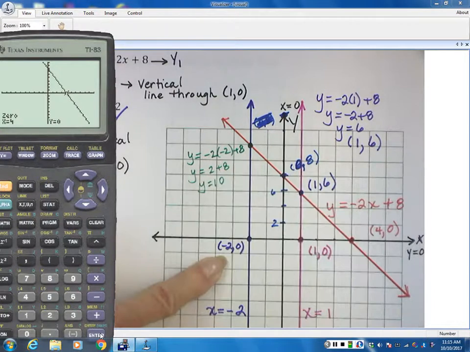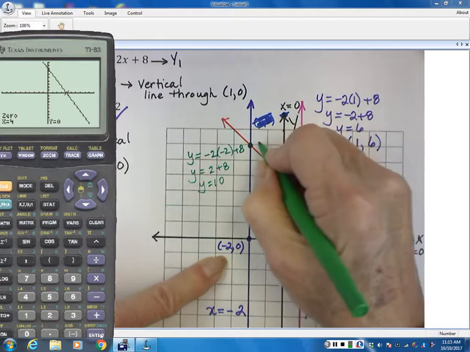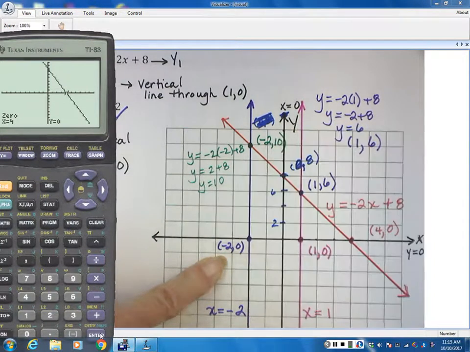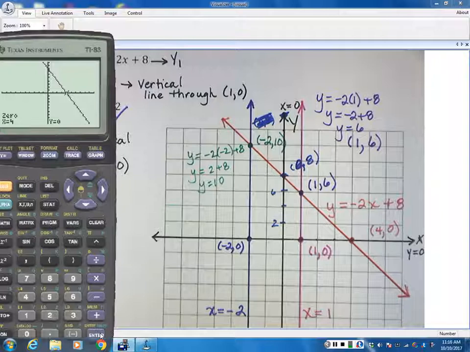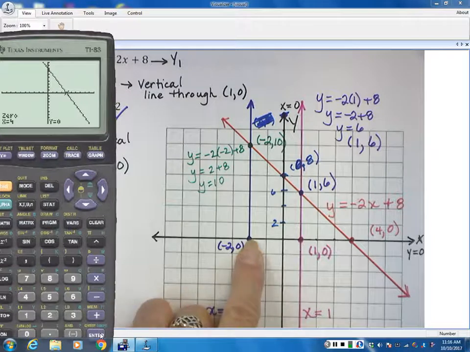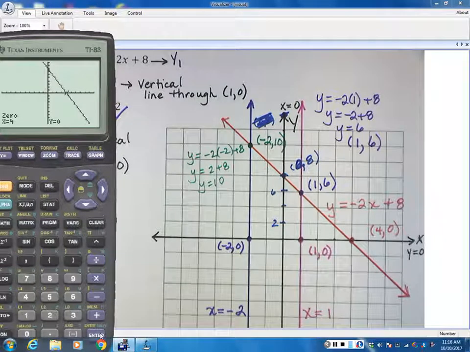So y is 10, and that means this point is negative 2, 10. So we've labeled our intersection points as well. But you do have to do a little arithmetic when you're dealing with vertical lines. Okay?